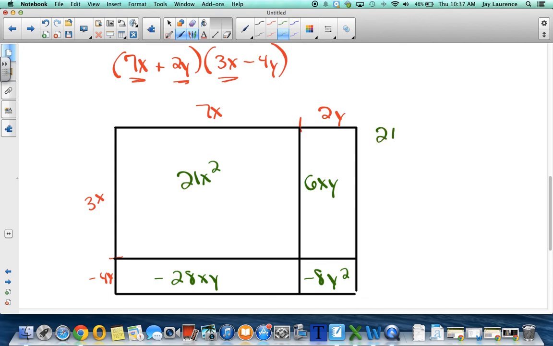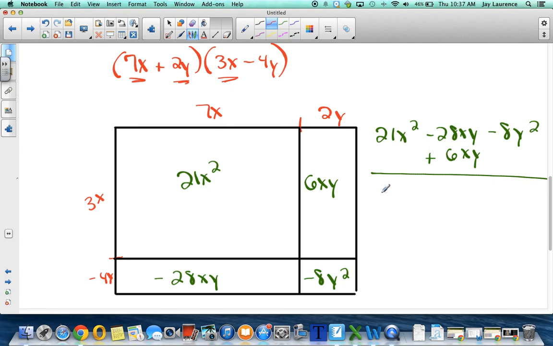So I have 21x squared minus 28xy plus 6xy minus 8y squared. All right, I'm going to combine like terms. Minus 22xy minus 8y squared, and there you go.